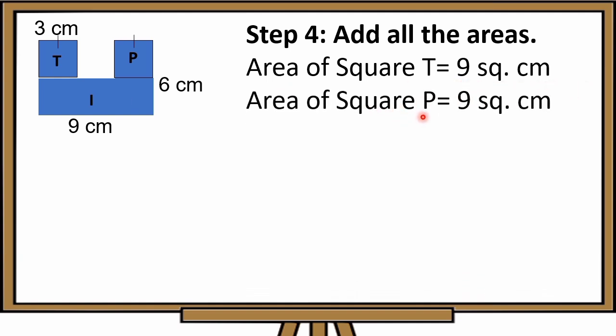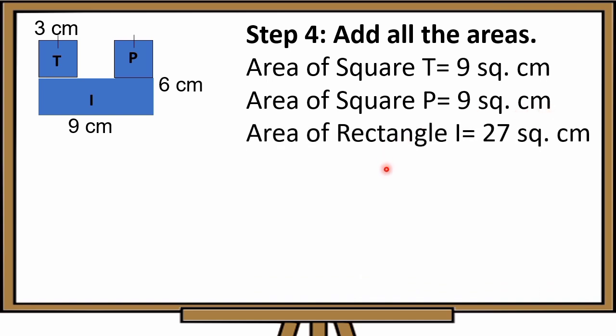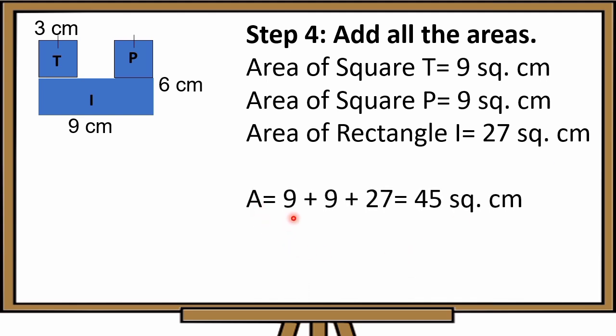Area of square P is equals to 9 squared centimeters, and the area of our rectangle I is equal to 27 squared centimeters. So let us add 9 plus 9, 18 plus 27 is equals to 45 squared centimeters.